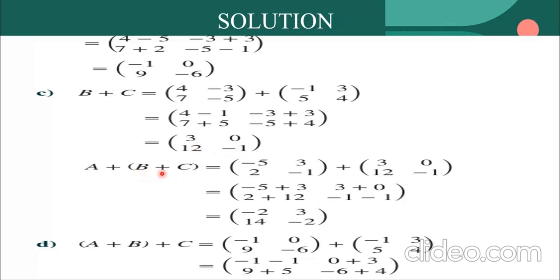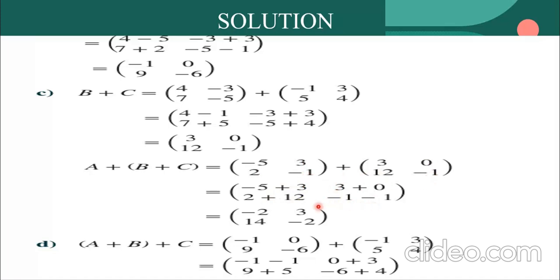Now that we know B plus C, what do we do? We add matrix A to these results. Our matrix A, which is minus 5, 3, 2, minus 1, will be added to the result of B plus C. So minus 5 plus 3, 3 plus 0, 2 plus 12, minus 1 plus minus 1.